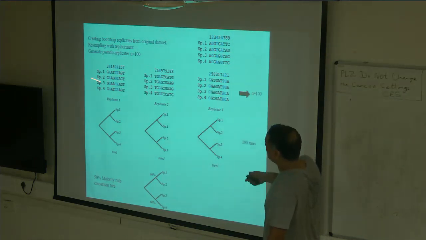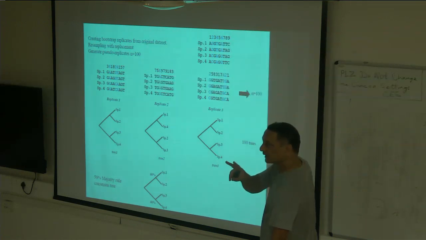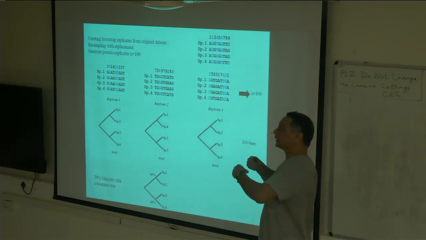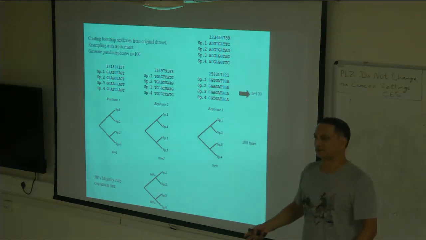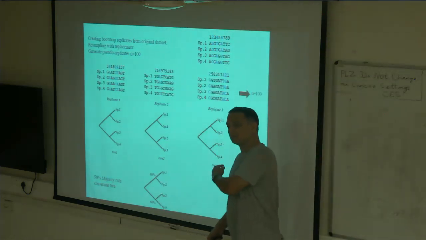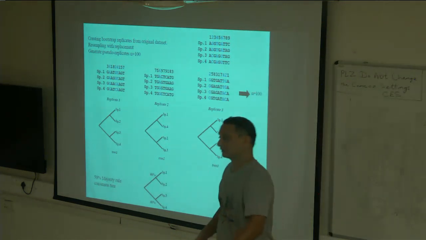This topology is supported only by 3 sites. The other 2 sites support the other topology. You run 100 bootstrap replicates, and just by chance, the stochastic process, the 2 sites that support the other topology get picked more often.